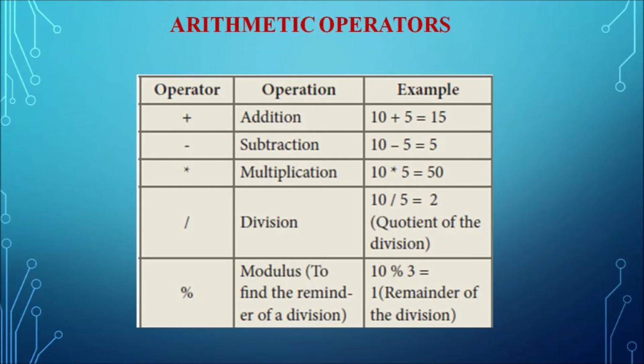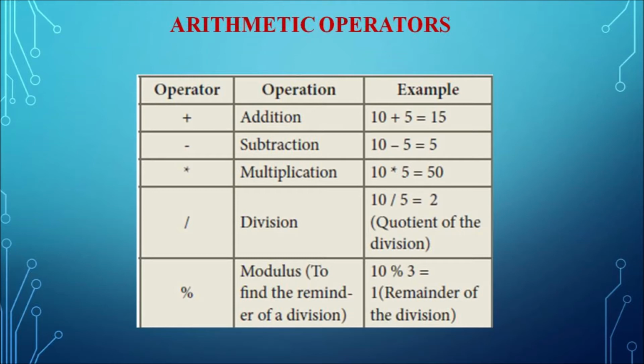This is the example. All five arithmetic operators are binary operators, because you see in the example there are two values. 10 plus 5, there are two values, again 10 minus 5. In all the arithmetic operations, you will have two values.